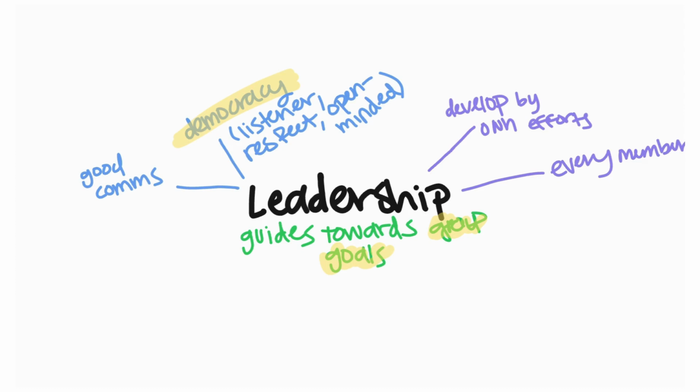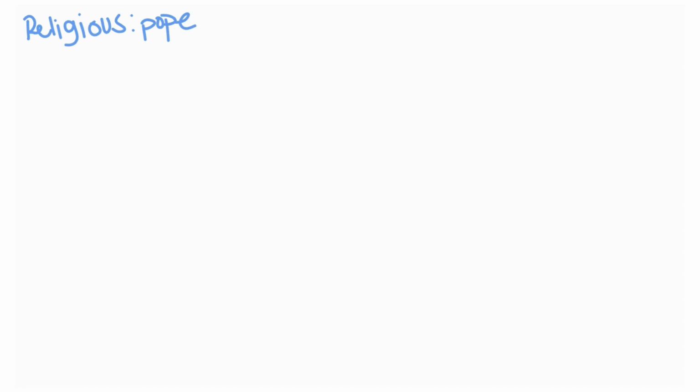And there are some categories of leaders that we should look at, and this includes religious leaders, okay? So let's give an example of each type of leader. So your religious leaders could be a pope or a priest, okay? So these are religious leaders, and then there are political leaders.